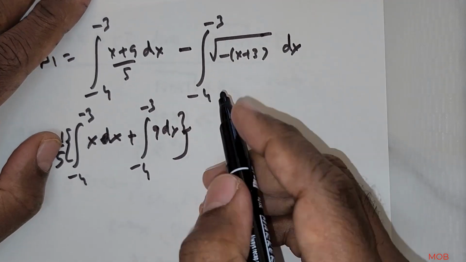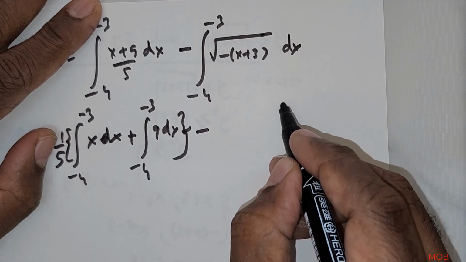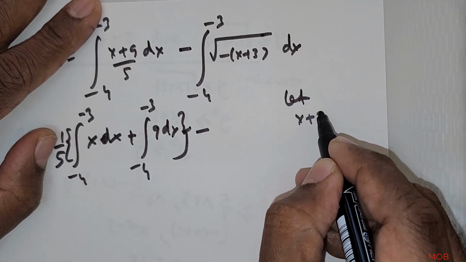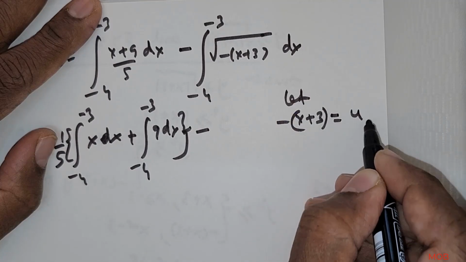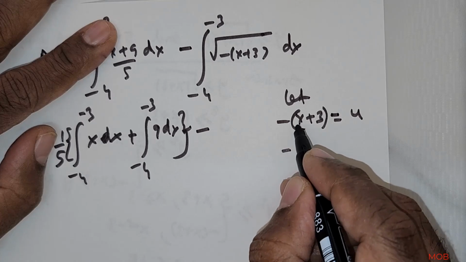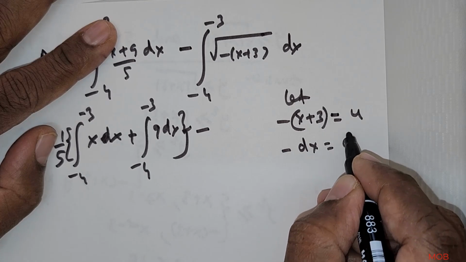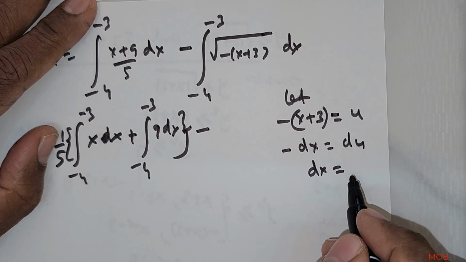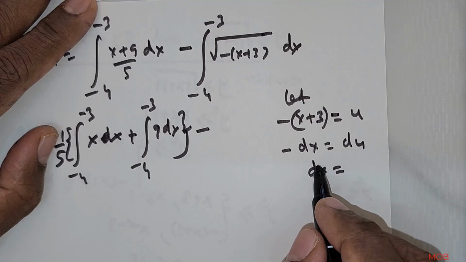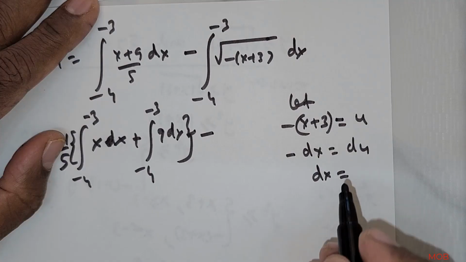Okay, and for this part we will have to make a substitution. Let negative of x plus 3 be equal to some u. So this is going to be negative dx is equal to du. So dx is, I can literally push the negative sign inside, right?